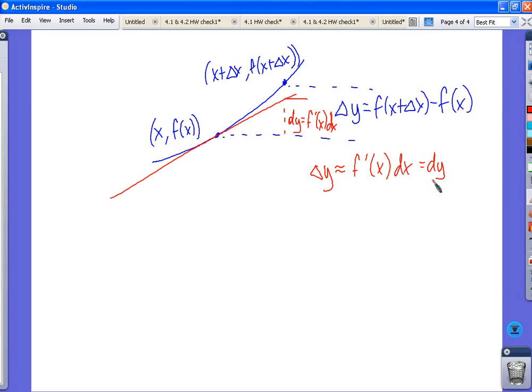So dy and delta y are very close to the same thing. And the closer we get to the original point, the closer dy and delta y are to each other. So delta y, this calculation, which can be really quite cumbersome, is pretty accurately approximated by just taking the slope of the line and multiplying it by the distance that you traveled away from x.